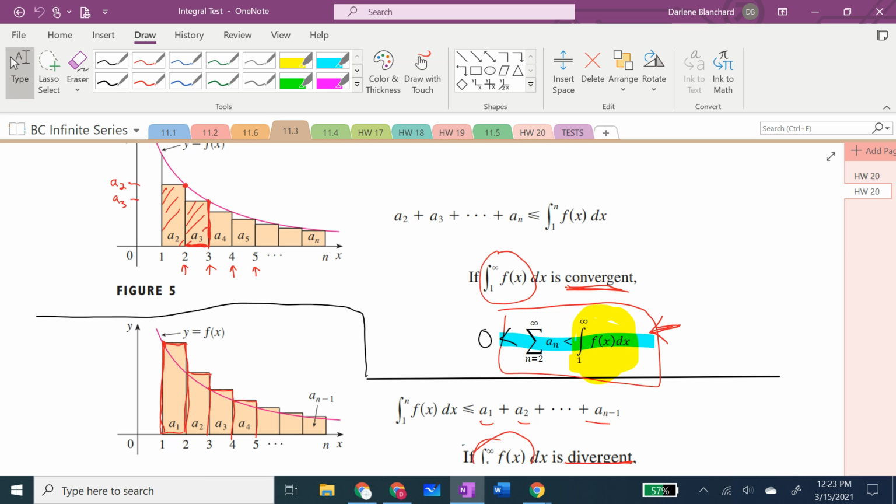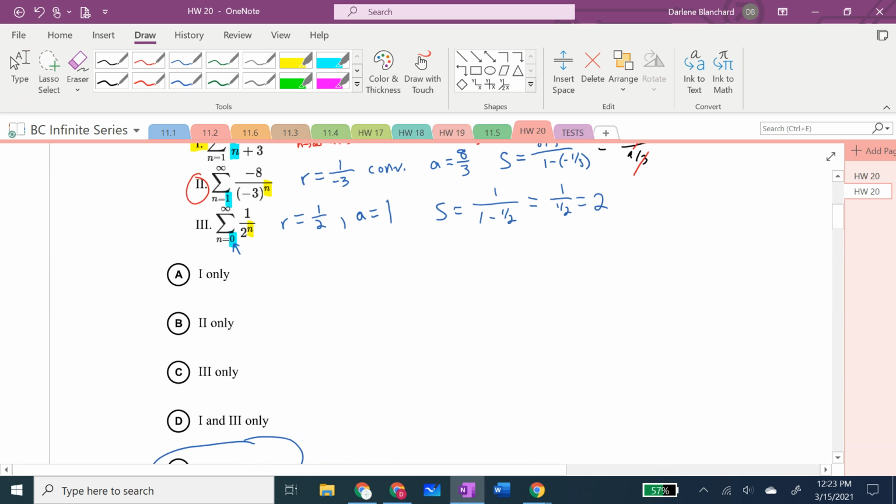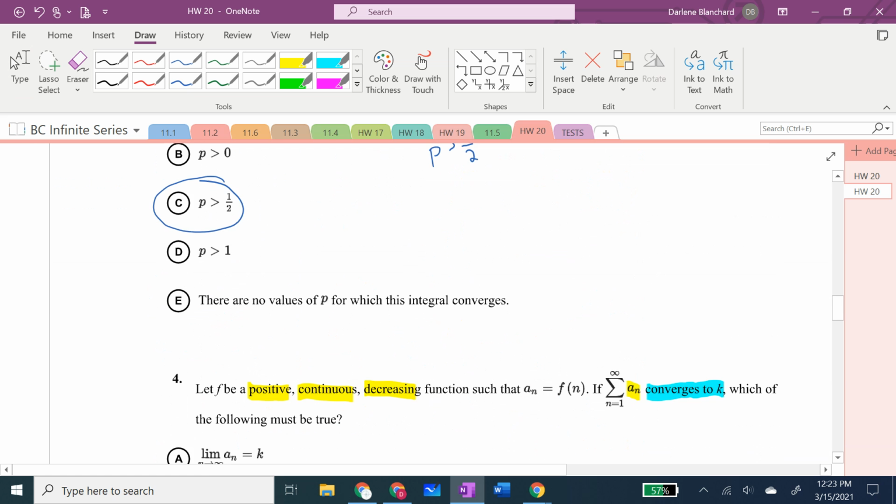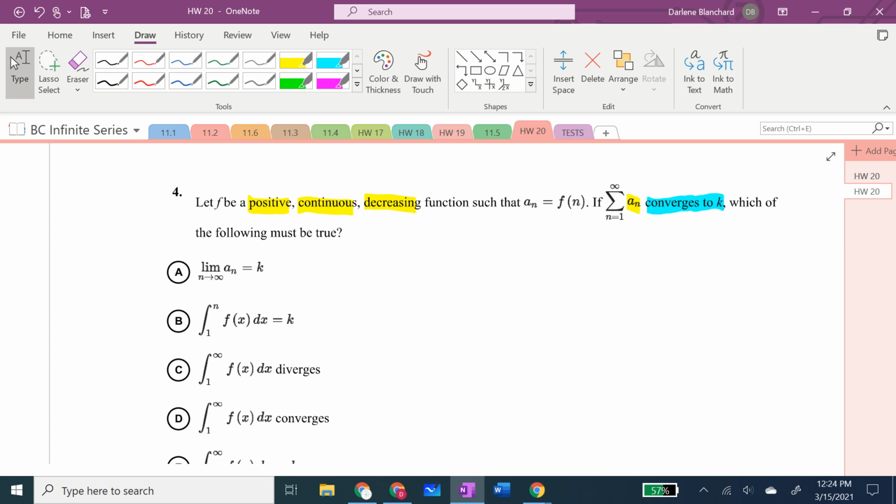So when I come back over to the problem, I want to realize that it's not saying that the integral of this function is equal to k. It might be approximately k, but it is not equal to k.